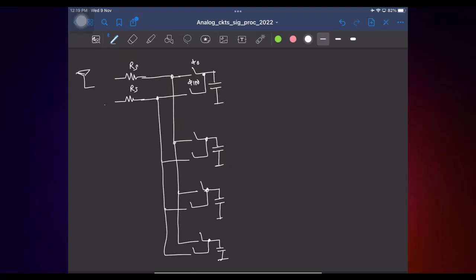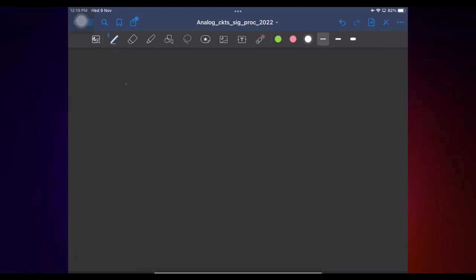But now you see that the looking-in impedance is no longer an LTI impedance, right? You have a periodically varying impedance, right? So if I were to model it, I will have some input source, say some transmission line with Z0, and then I have some impedance that varies with time.